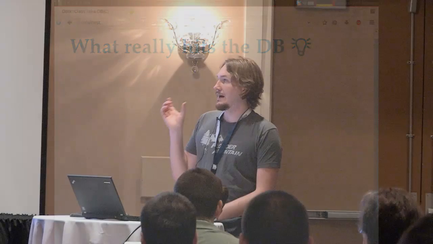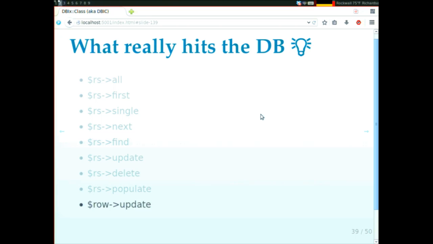Okay, so remember earlier when I was telling you that with a result set, until you actually do something that hits the database, it's just a query plan. I've made a list of the different things that hit the database, both from a result and a result set standpoint. Here are the result set methods that actually hit the database: all, first, single, next, find, update, delete, and populate.